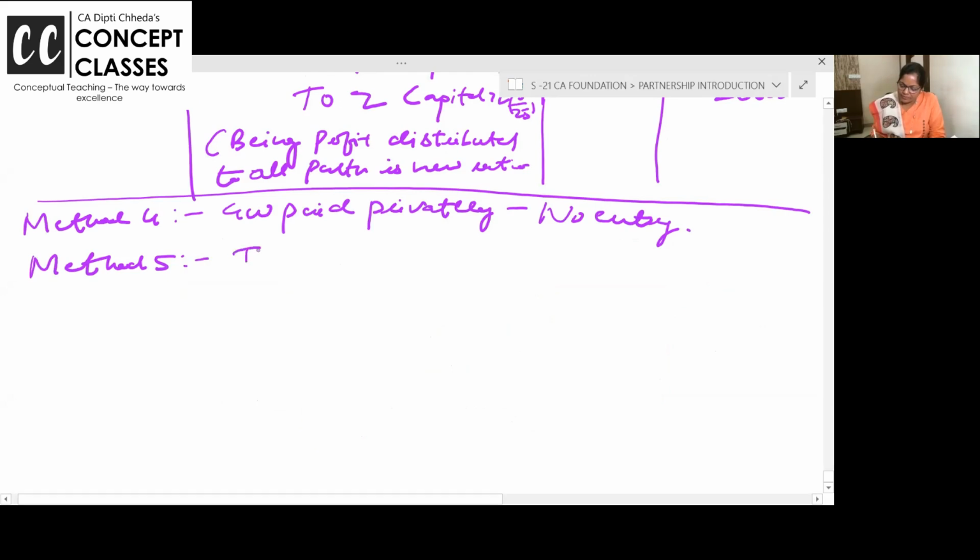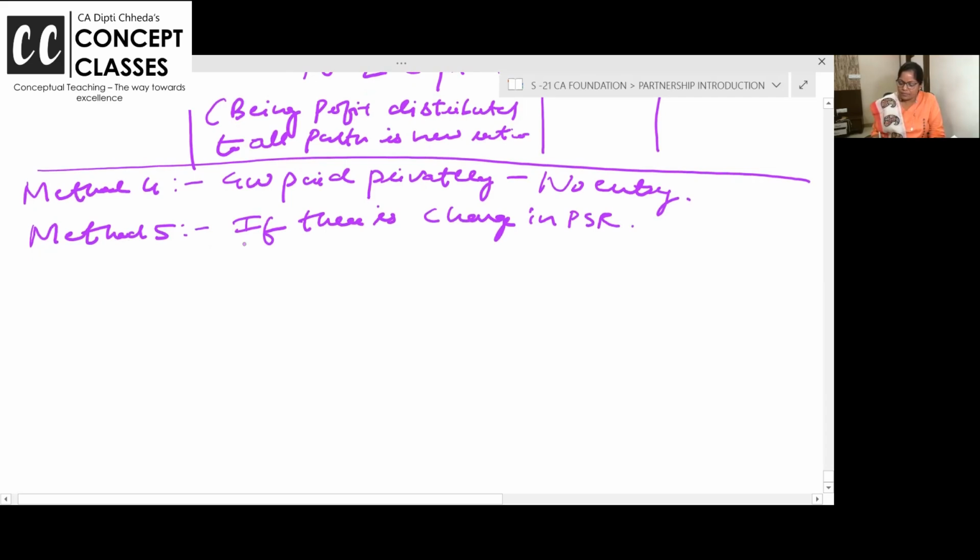If there is change in PSR, प्रॉफिट शेयरिंग रेशो में अगर चेंज है तो आप क्या करोगे? If there is a change in the PSR, so what will you do? Okay, for this we are doing problem number 17.